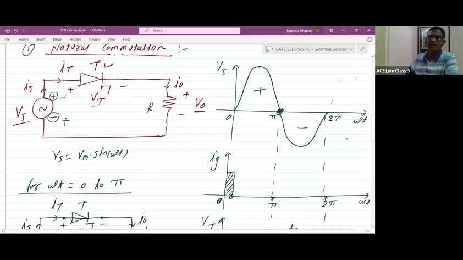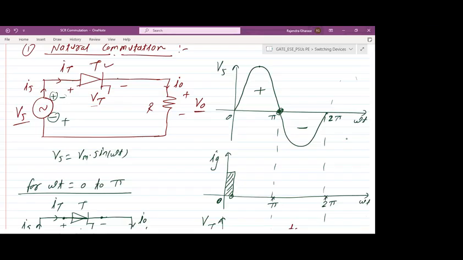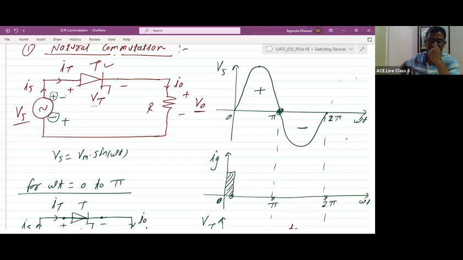TQ means the device turn off time, that is, how much time is required for the device to turn off. That will be given by the dynamic characteristics of the SCR we discussed. In that case, we mentioned one term, TQ, which is equal to TRR plus TGR.